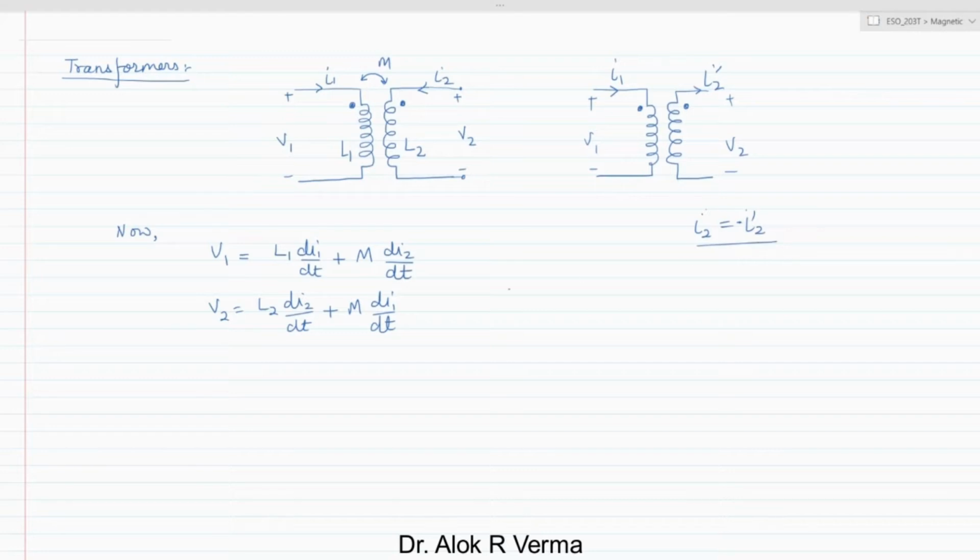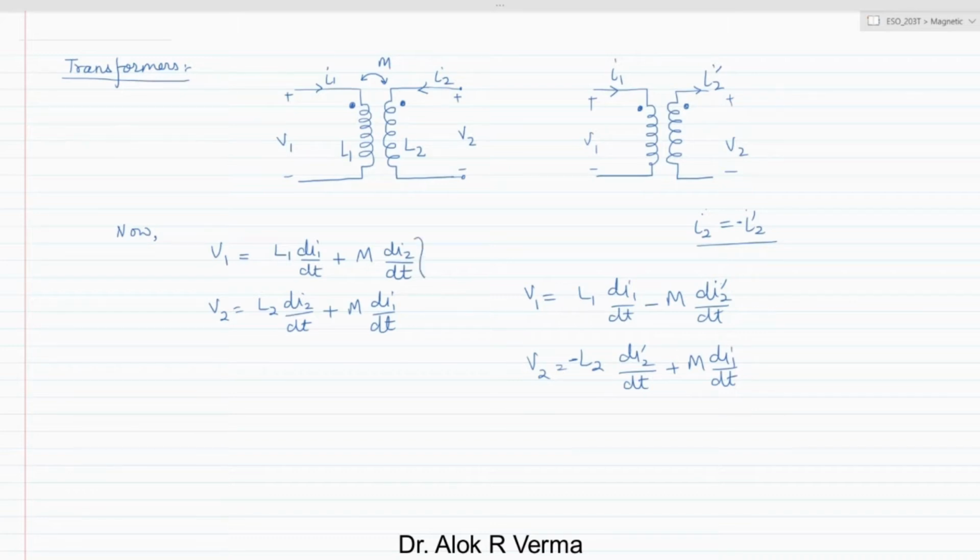Now substituting these values, we can write V1 as L1 di1 by dt minus M di2 prime by dt. Similarly, V2 will be L2 di2 by dt, and with di2 prime the negative will appear, plus M di1 by dt.